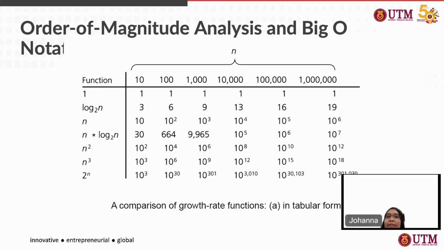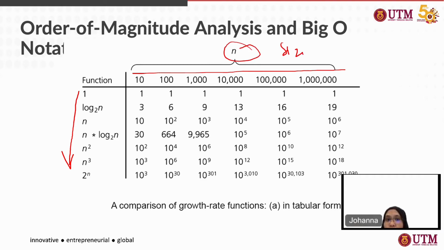Now, let's look at this example. In this table, you can see the comparison graph. These are the functions, which are the complexity classes of big O notation. And here, this is n, which refers to the problem size.